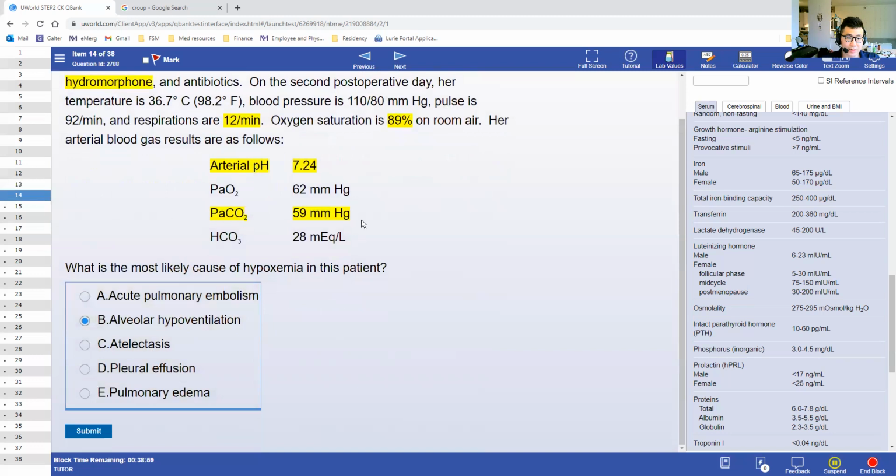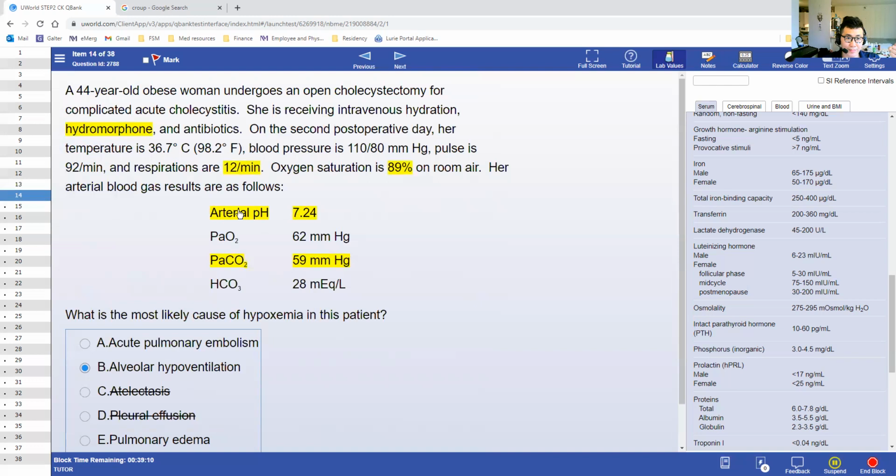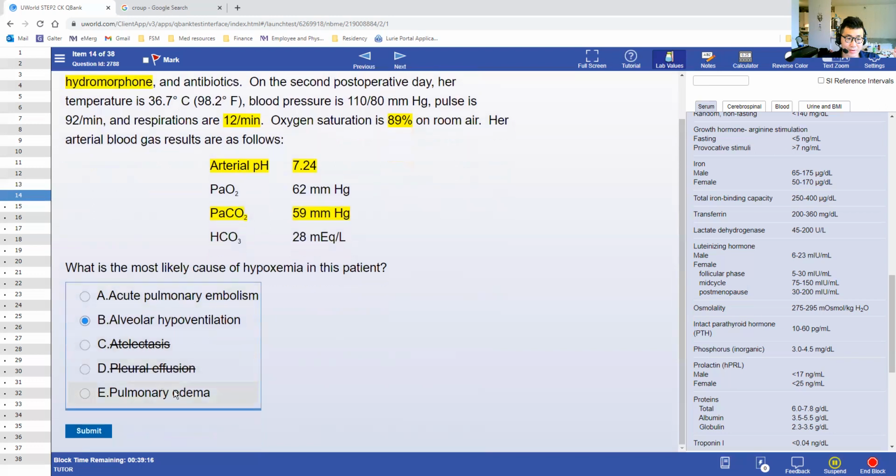Atelectasis, you wouldn't see so many changes. Pleural effusion, no, wouldn't happen this quickly. Pulmonary edema, again, one, it's not likely to be this acute, and number two, I feel like there's no good trigger for something like this.